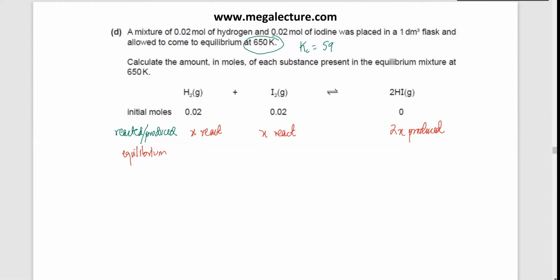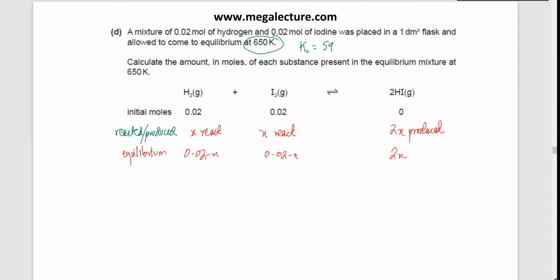So at equilibrium, we're going to have 0.02 minus x. This would be 0.02 minus x as well. And this would be 2x.